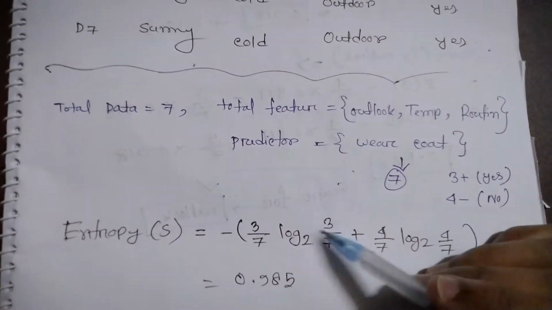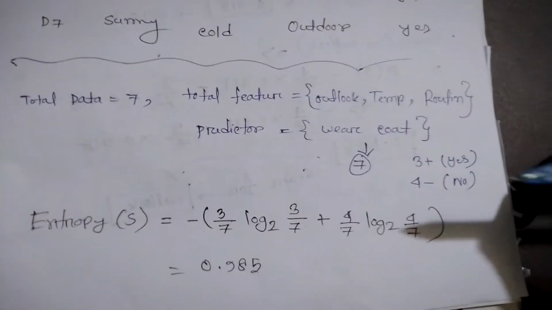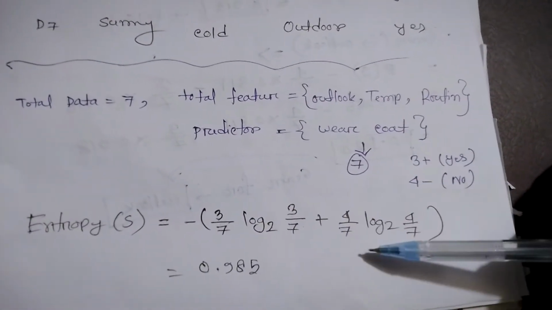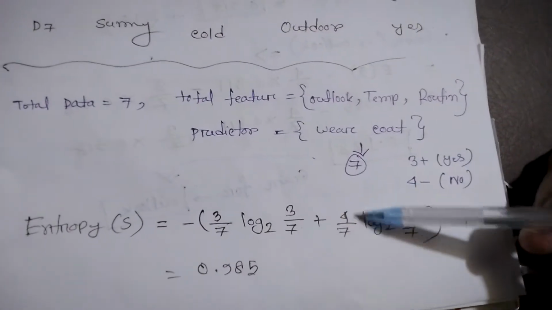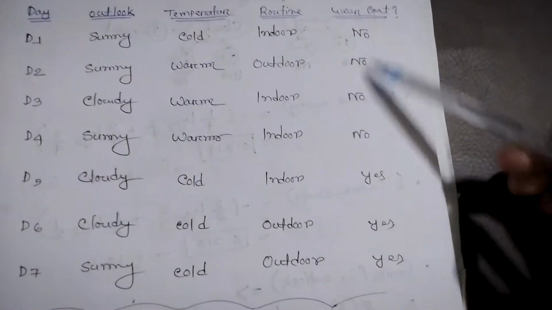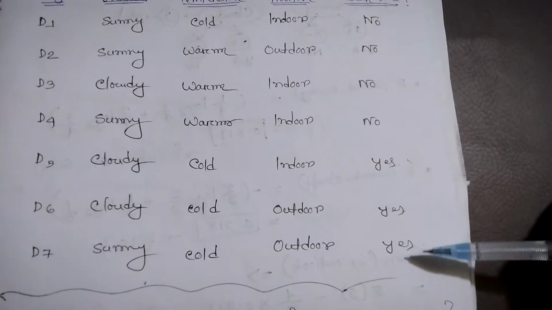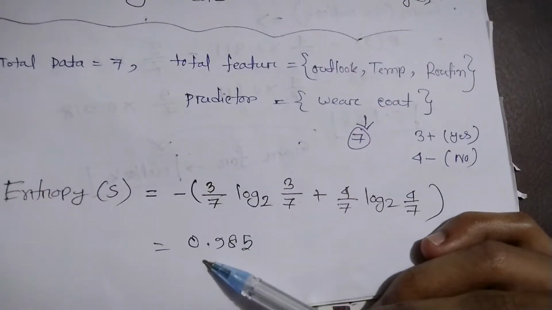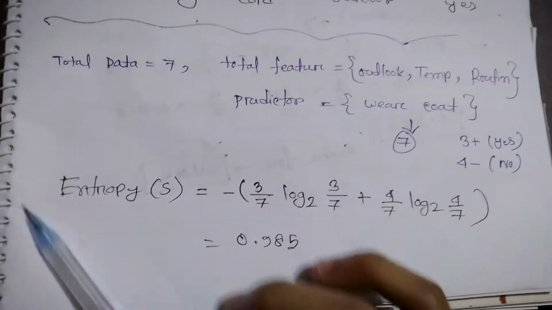These two values will always be the same in any data set. And 4 by 7 is the probability of getting no, because there are 4 no and total values are 7. So 4 by 7 log 2 4 by 7, our output is 0.985. This is our entropy for the entire data set.